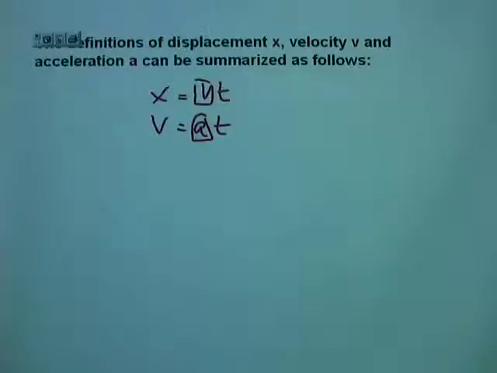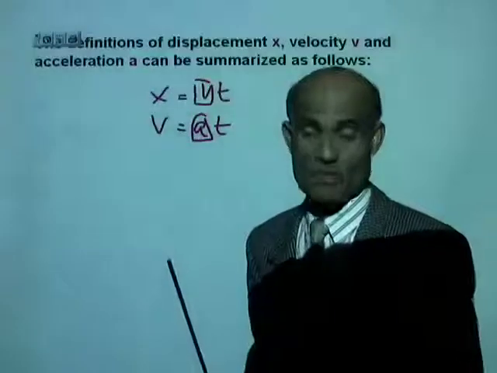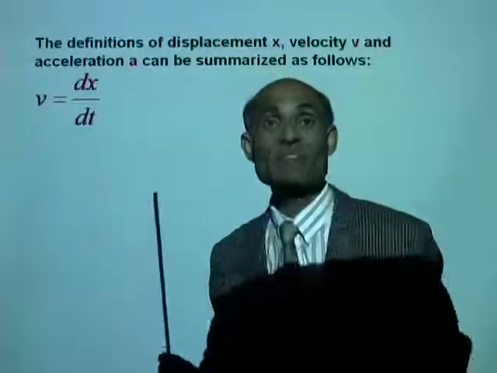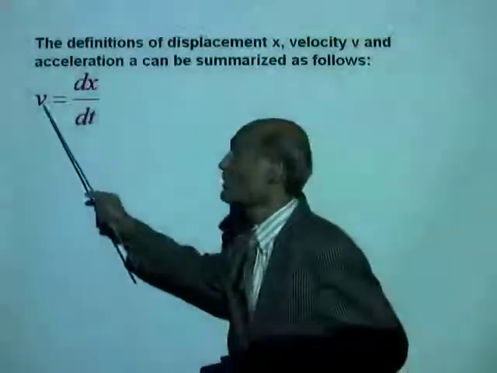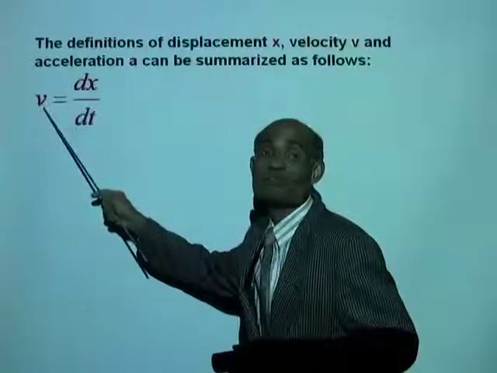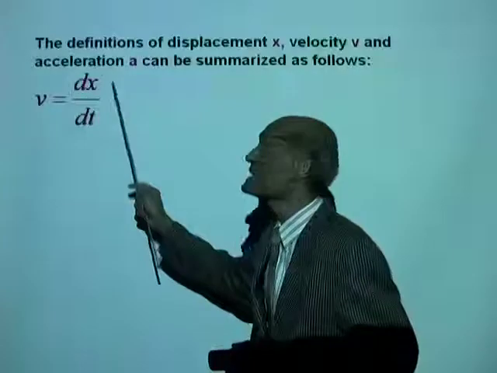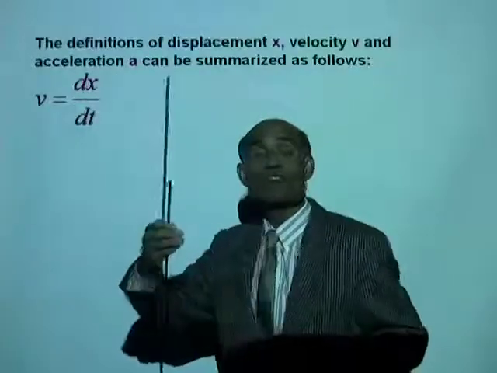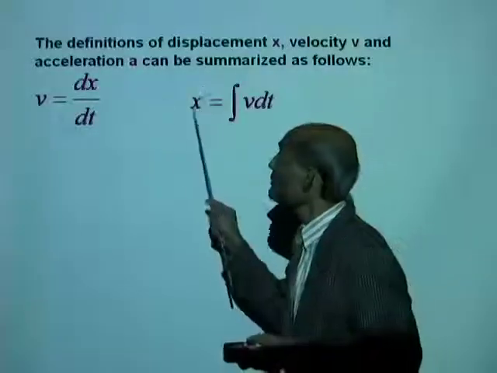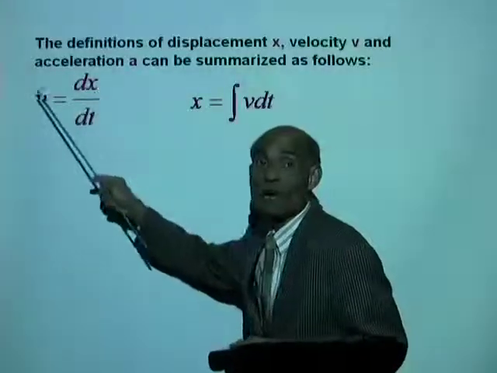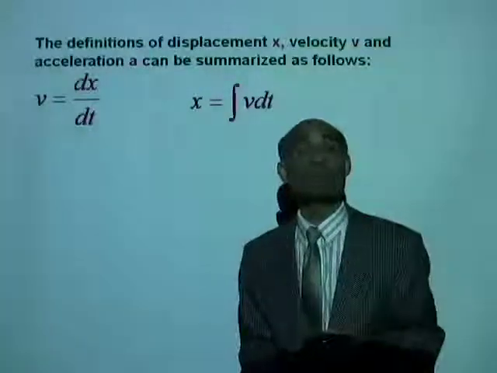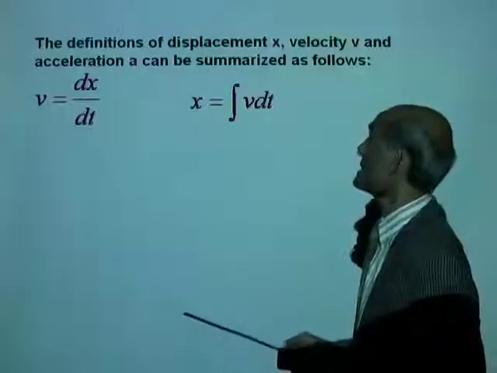But these are very simple relations. Alright, we can now use calculus to represent these relations. You know, velocity is the derivative of the position function, v equal to dx over dt, where x is a function of time, x is the position function. And x therefore can be obtained by integrating the velocity function, x equal to integral v dt.